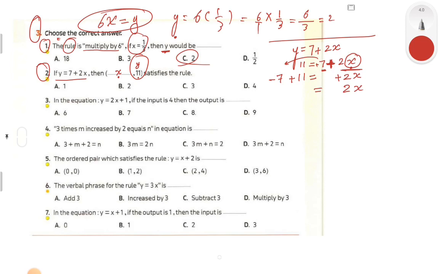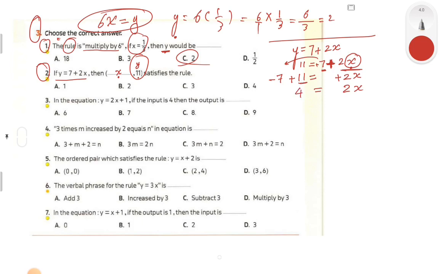Note with me. I have positive 11. Add to it negative 7. Negative 7 will delete positive 7, and the rest of 11 will be 4.